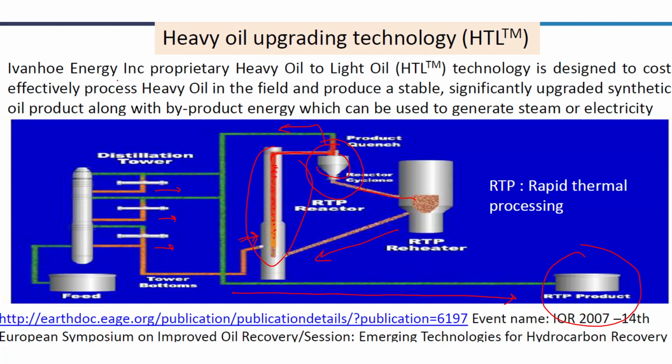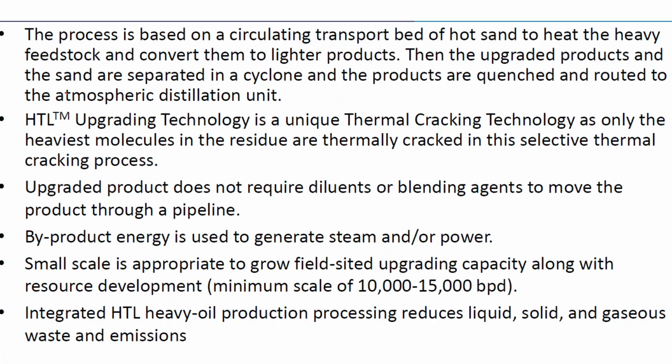So with this procedure, some problems are reduced: viscosity may be reduced, and some impurities are also removed. The process is based on a circulating transport bed of hot sand to heat the heavy feedstock and convert it to lighter products.